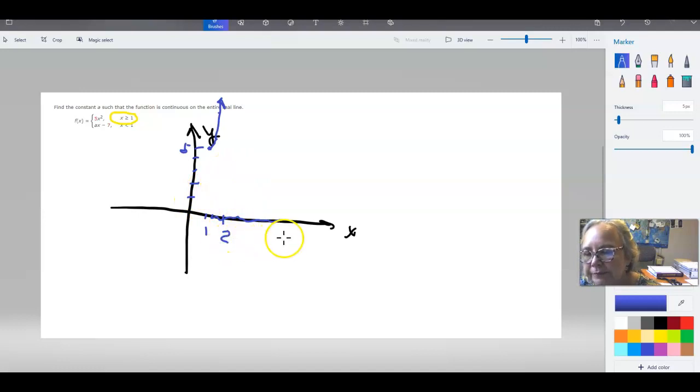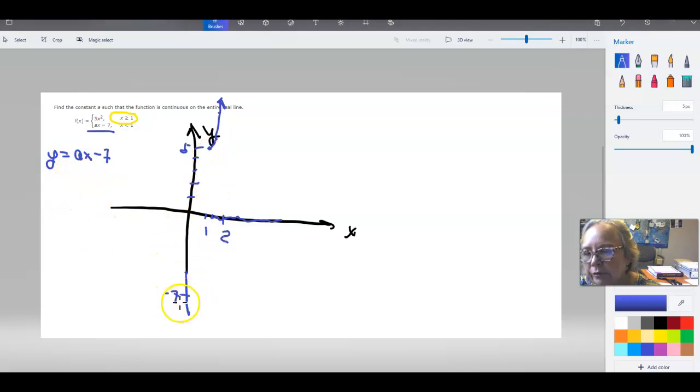But anyways, now this one is a straight line. The function y equals ax minus 7 has y-intercept at -7, so we have -7 somewhere here, and the slope is a.